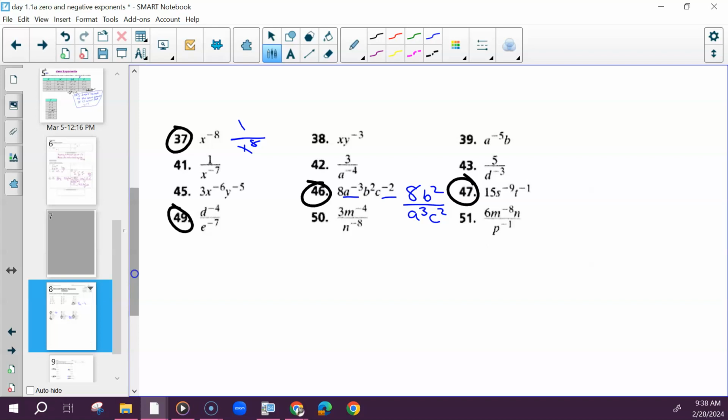47, the s to the negative 9th and the t to the negative 1st get brought down. So it would be 15 over s to the 9th, t to the 1st, or you could just leave it as t. In 49, d and e switch places. So this would be e to the 7th over d to the 4th.